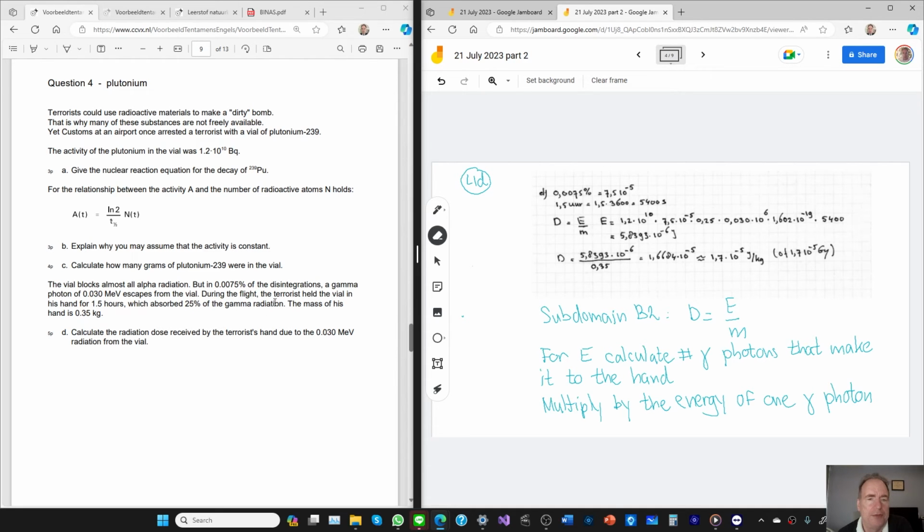So if during the flight the terrorist held this file in his hand for 1.5 hours, which absorbed 25% of the gamma radiation, so 75% of the gamma radiation just went through the hand, and the mass is 0.35 kilogram, then calculate the radiation dose received by the terrorist's hand due to this 0.03 MeV radiation from the file.